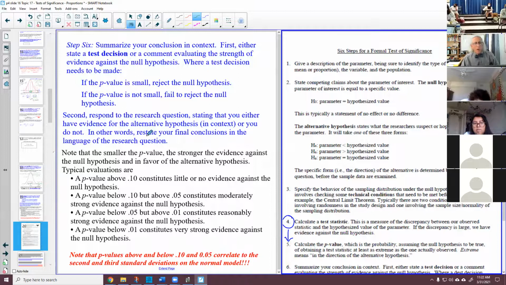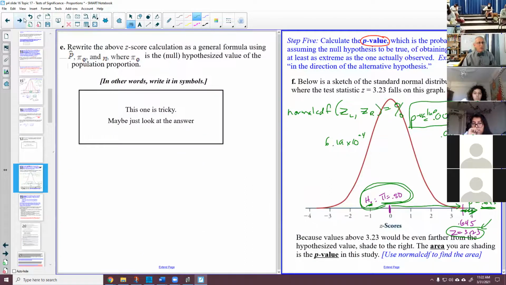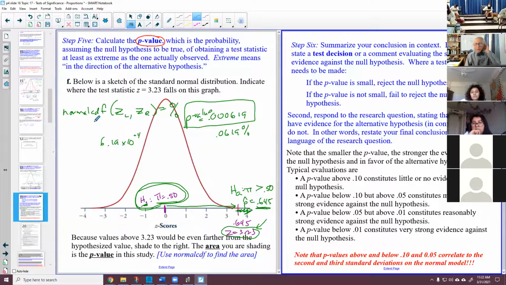So I'm going to summarize my conclusion here. Well, actually, let me ask a question. If my p-value is 0.000619 or 0.0619%, do you think I'm going to be able to reject my null hypothesis? My null hypothesis is that the population proportion for kissing couples is 50-50.